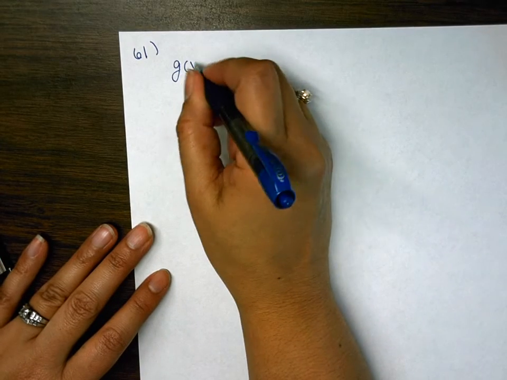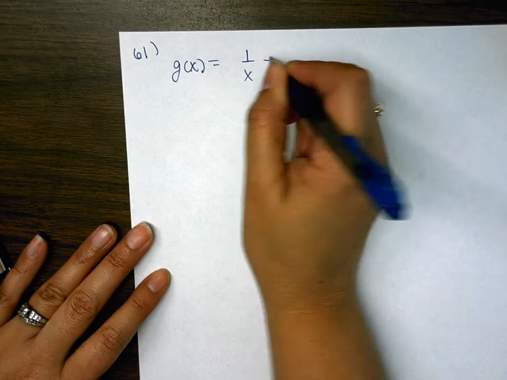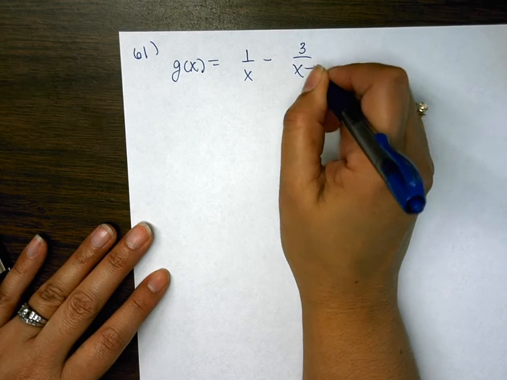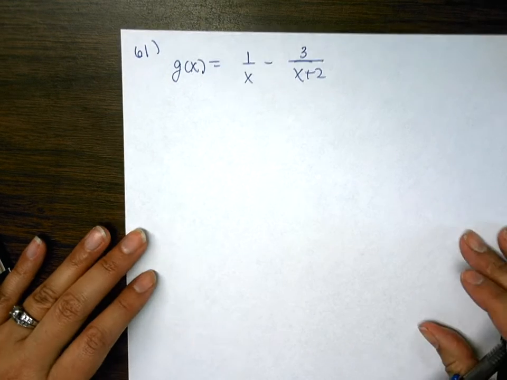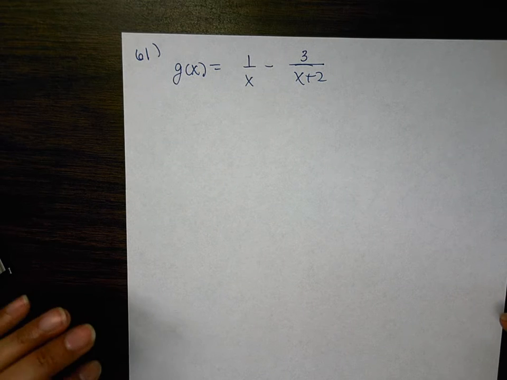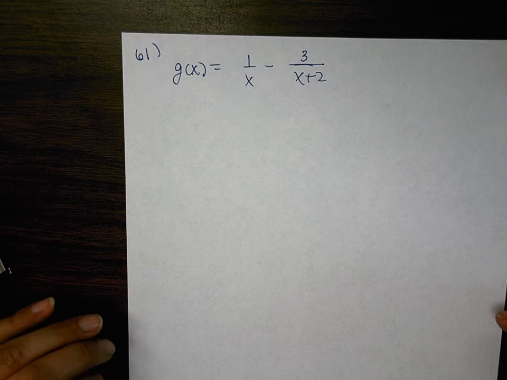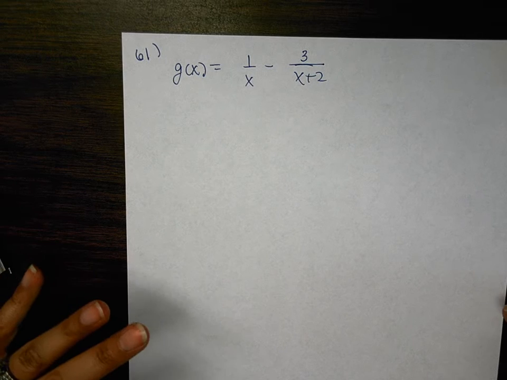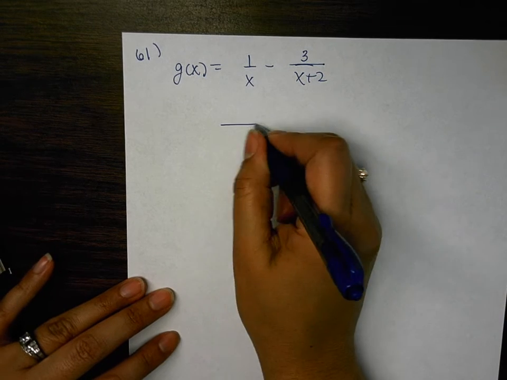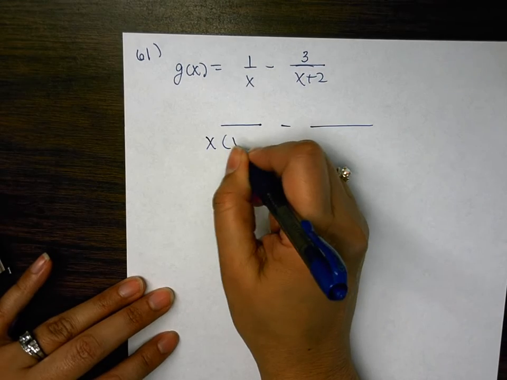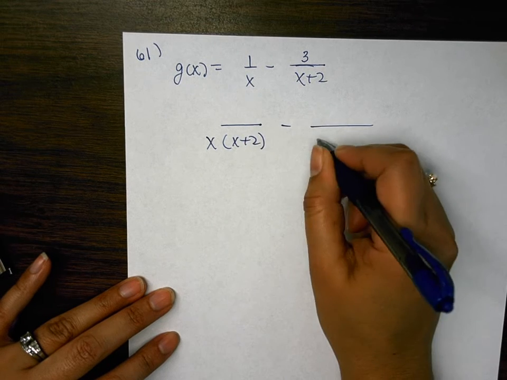G of x equals 1 over x minus 3 over x plus 2. Anybody know what the common denominator would be? x and x plus 2. Do we all agree with that?